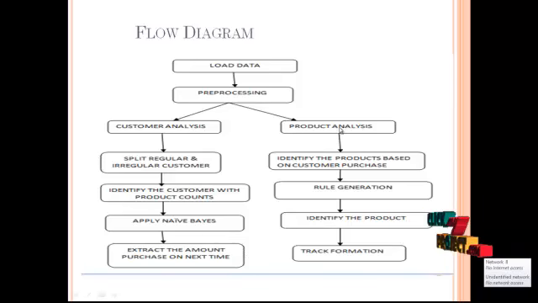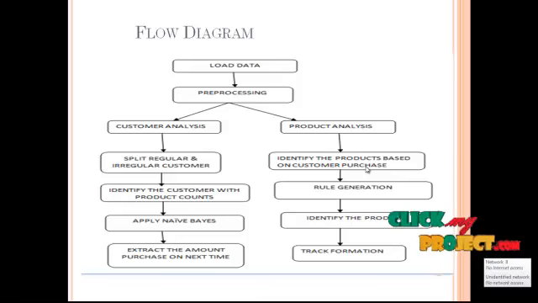In the product analysis menu, we analyze the products based on customer purchases. We only extract the purchases of the customers who buy the maximum in our supermarket, because here we have to form the tracks. When a regular customer comes to purchase, they can easily find the product from the track, so it will develop our business.